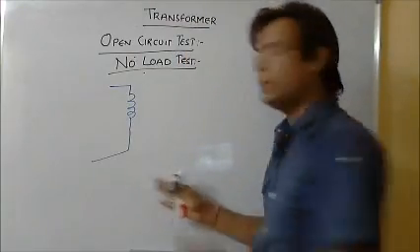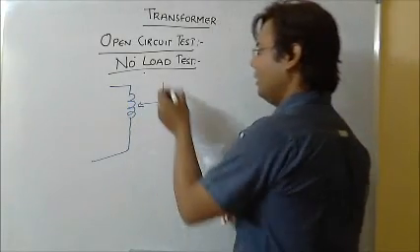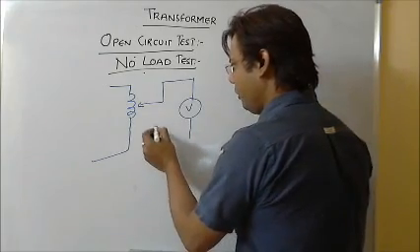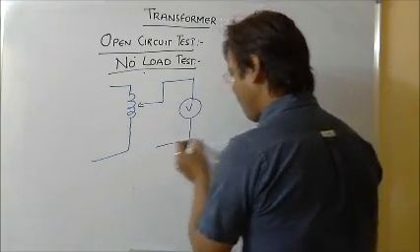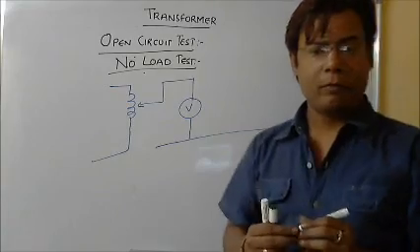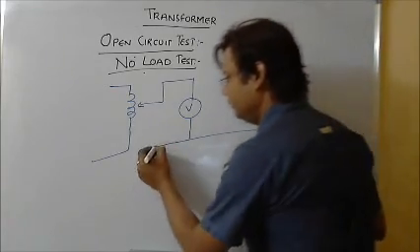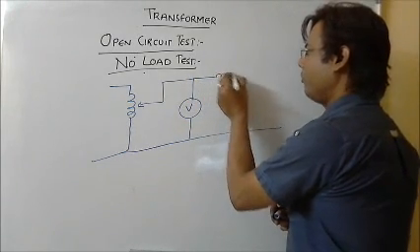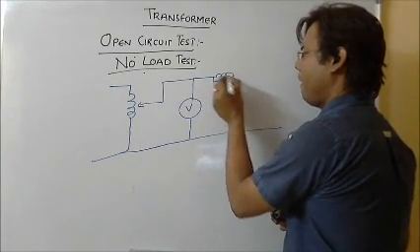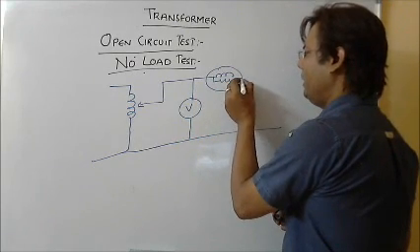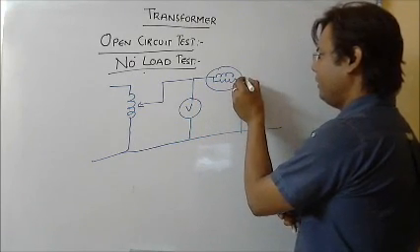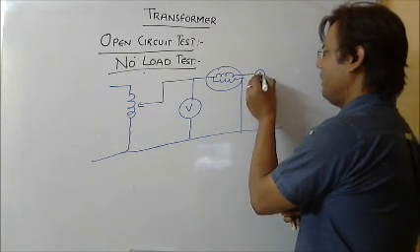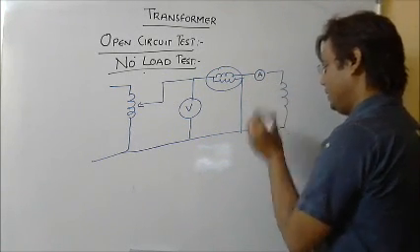An auto transformer is there, from which a voltmeter is connected. From the same, a wattmeter is also connected in this fashion, and from this one an ammeter is connected, and the transformer is this one.